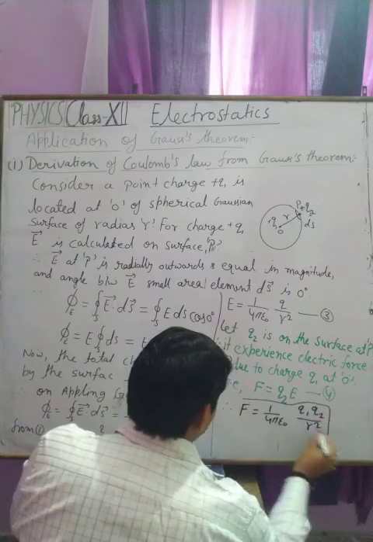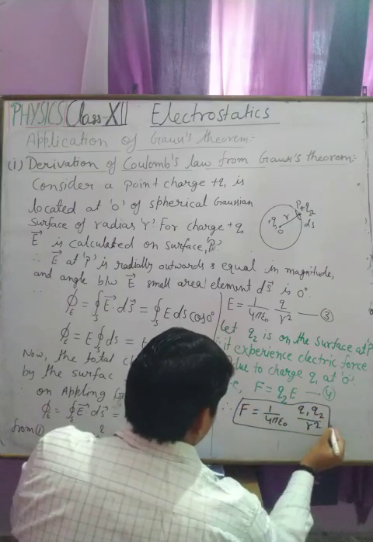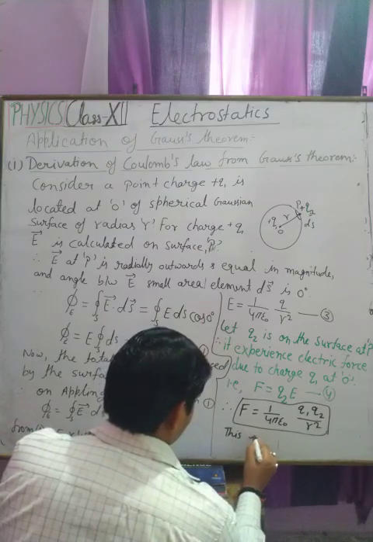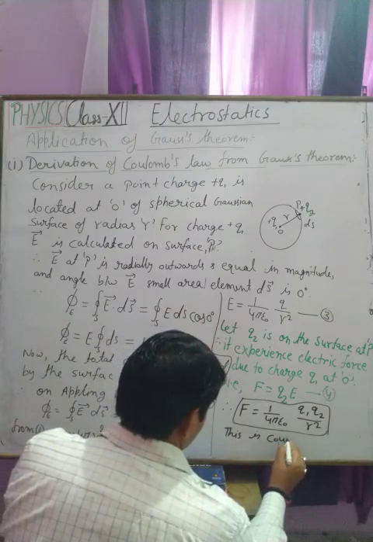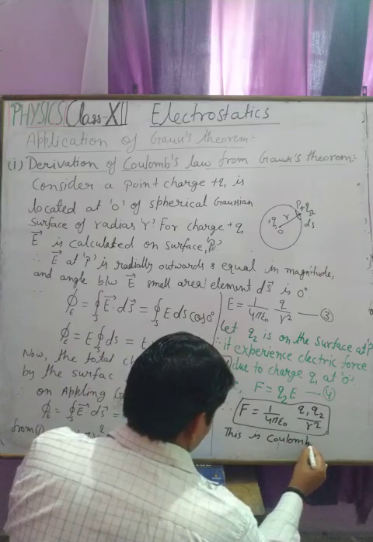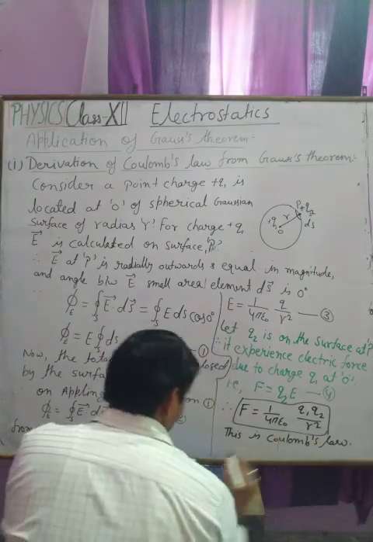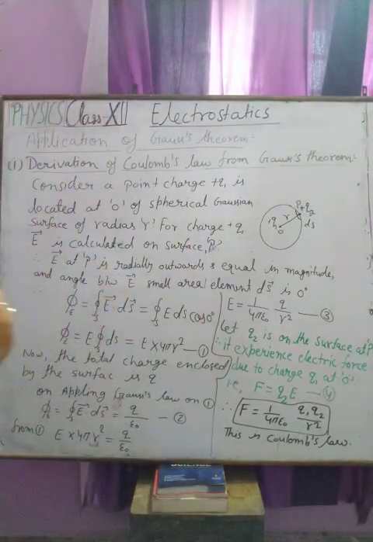This is Coulomb's law. This is how we derived the formula of Coulomb's law by using Gauss's theorem. Copy this in your notebook.